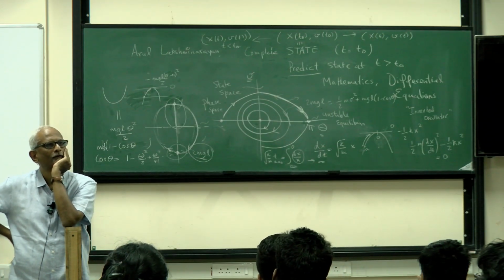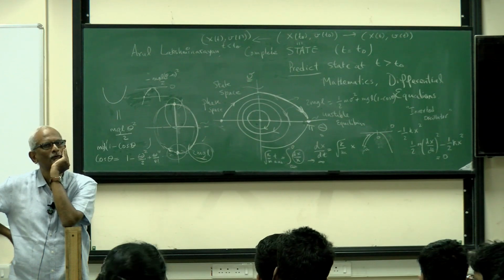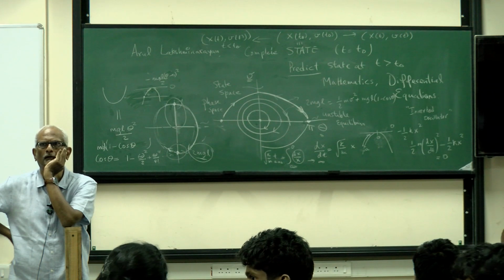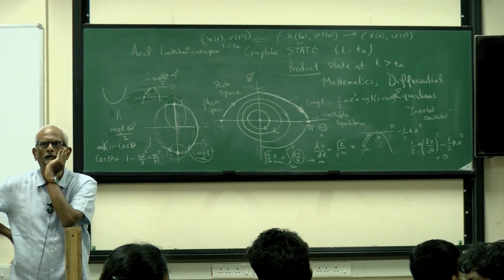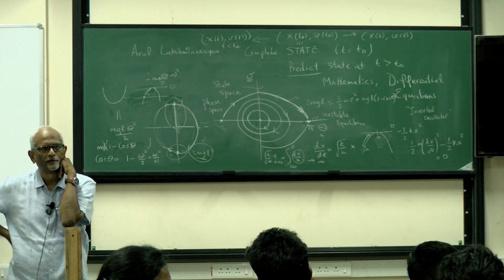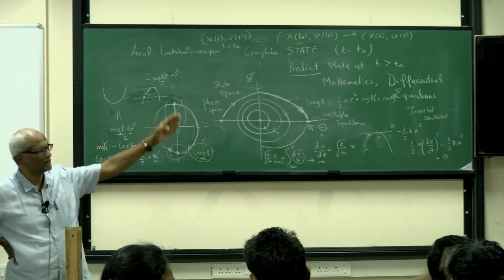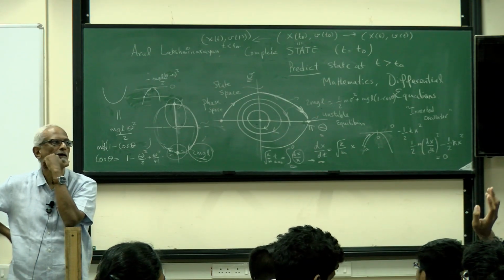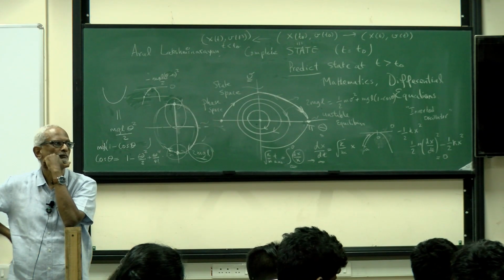Who told you? Yeah, but the question is why? Because after all, this is mechanics. You guys told me about all this. Sir, I think it boils down to the way you toss a coin.